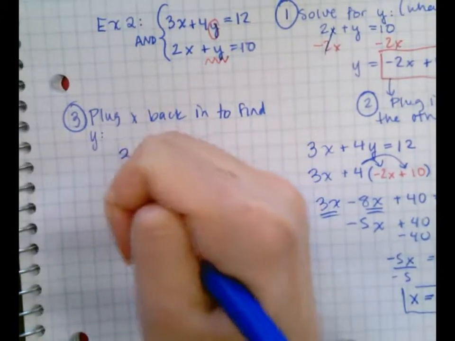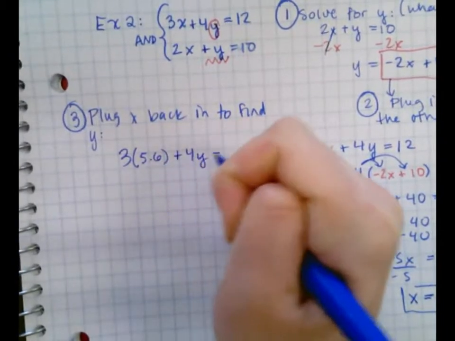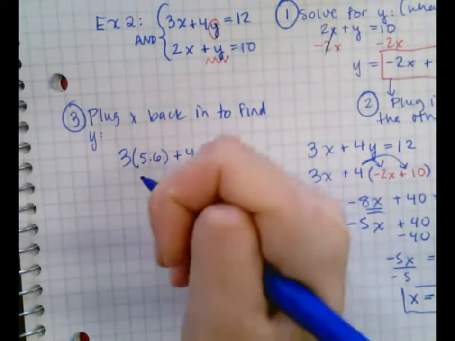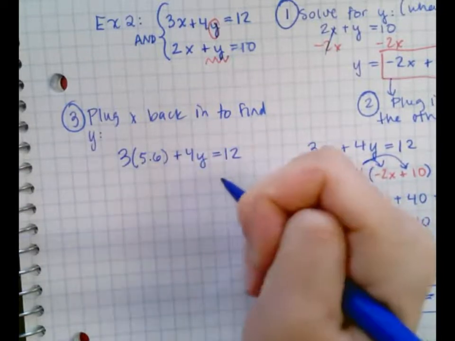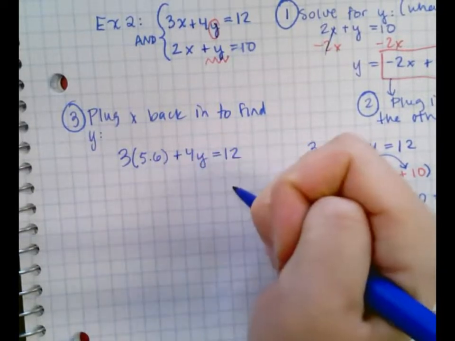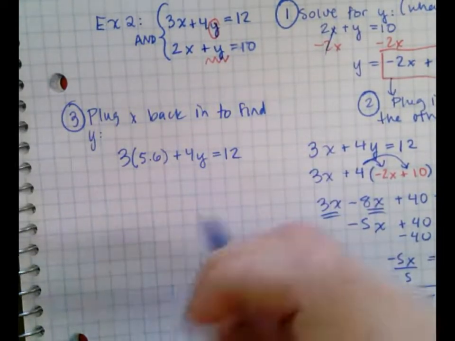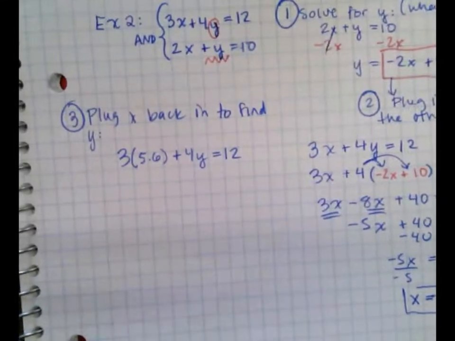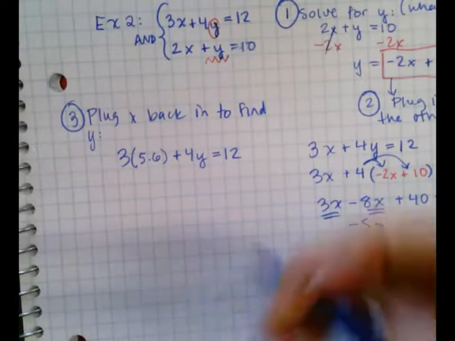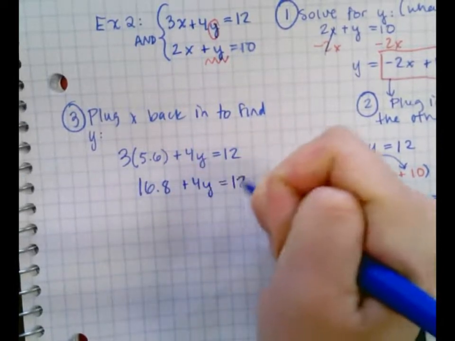So if I do 3 times 5.6 plus 4y is equal to 12. I'd have to do 3 times 5.6 on my calculator. I get 16.8 plus 4y is equal to 12.